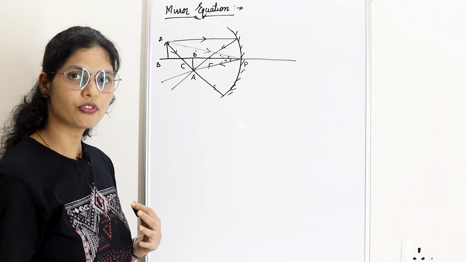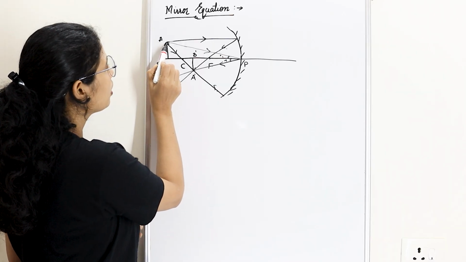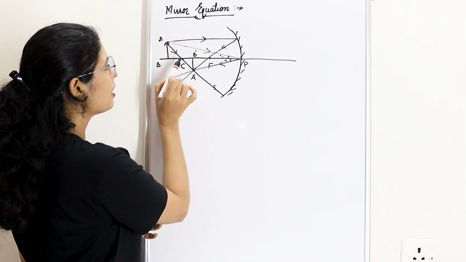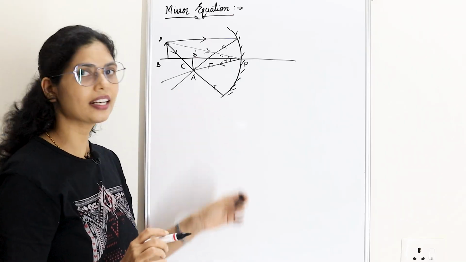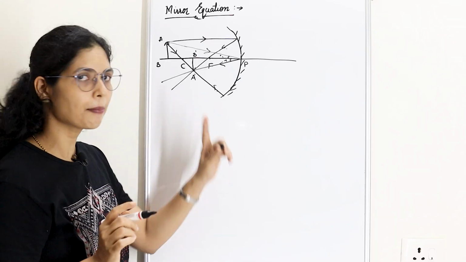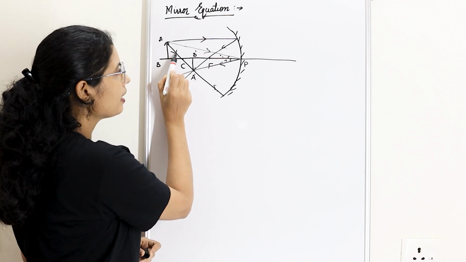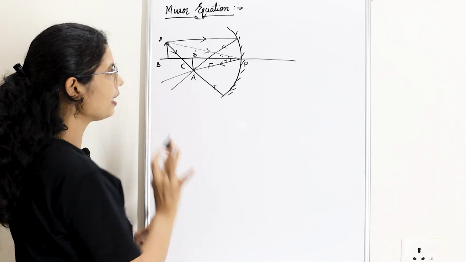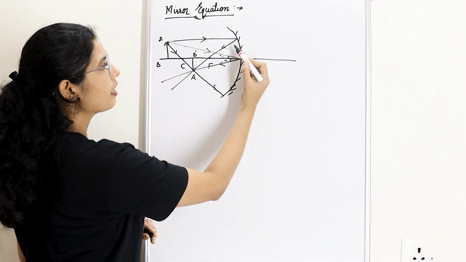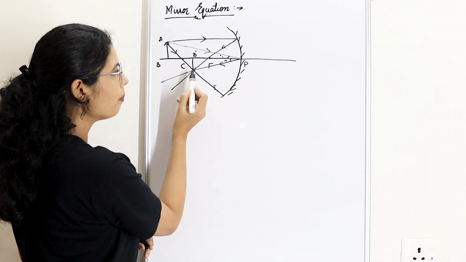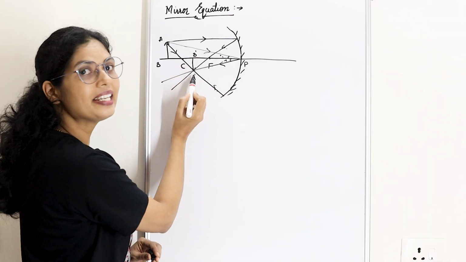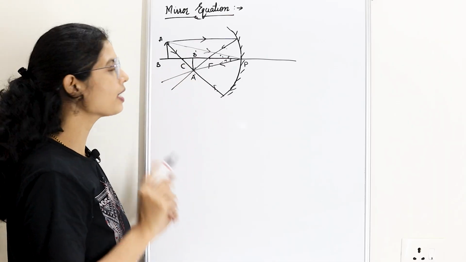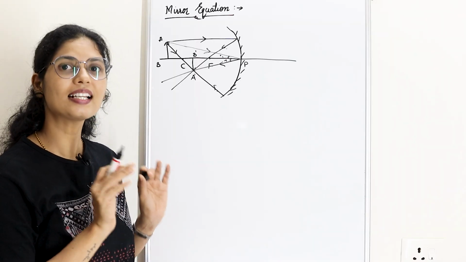Then there is one more type of incident ray, that is the ray of light which passes through the center of curvature. When the incident light passes through the center of curvature, the reflected ray traces the same path. The incident ray and the reflected ray are on the same path. In this particular diagram, the reflected rays are all meeting at a point where they form the inverted image, which we have named A dash B dash. When you get an inverted image, that means it is a real image.